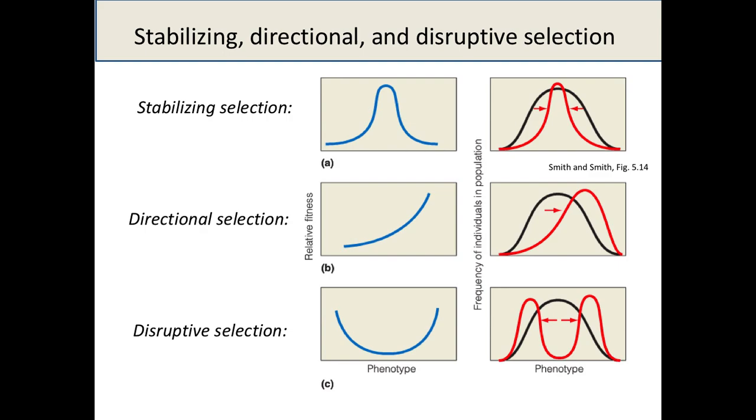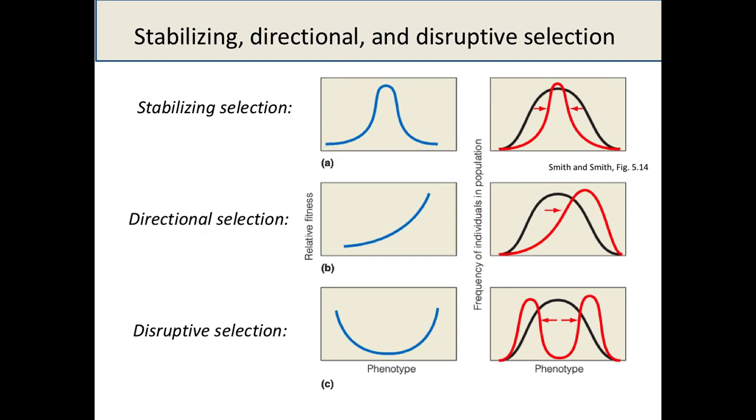Selection can work in different ways. We can break it down into three distinct selection gradients. You can have stabilizing selection. Take, for example, a population of finches, which when we saw them previously had that nice broad normal distribution. You can think of an example where there may be a limitation on large seeds and also a limitation on small seeds, and the only seeds that are available are medium-sized seeds.